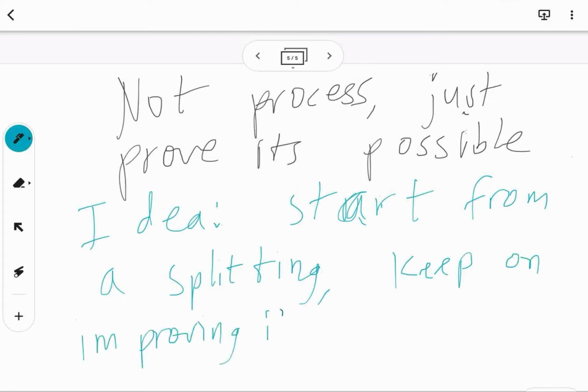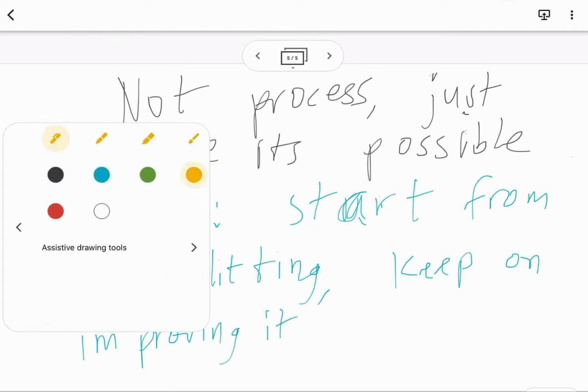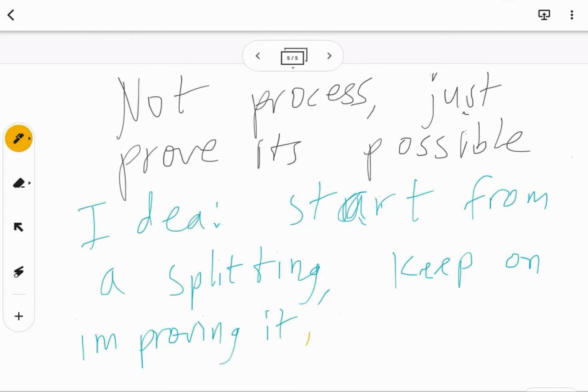And then at the end you should be done. This does not always work, it's just a strategy that you might want to consider.